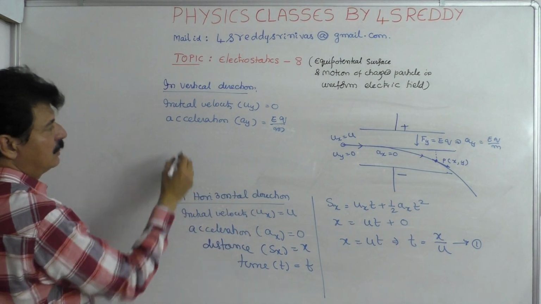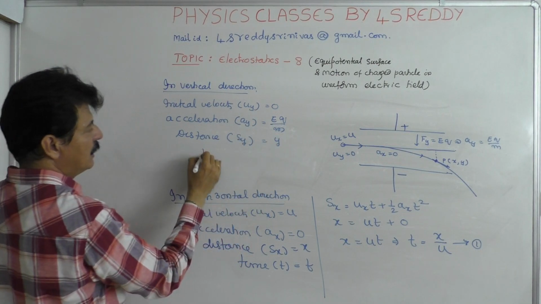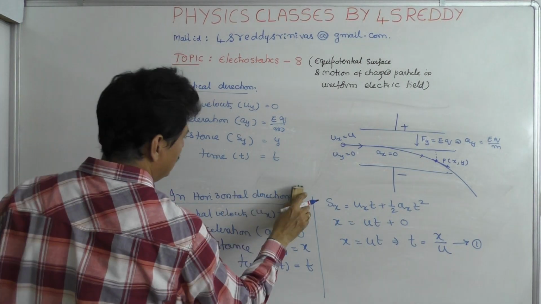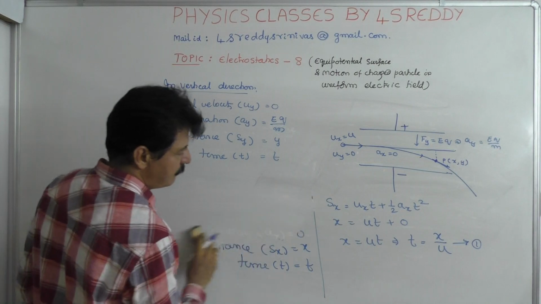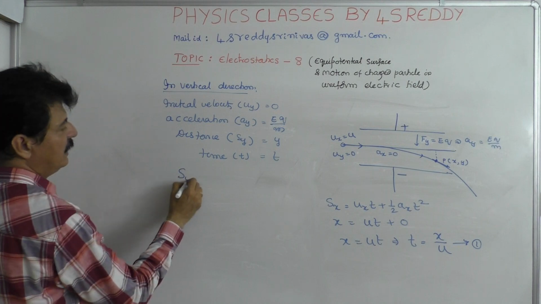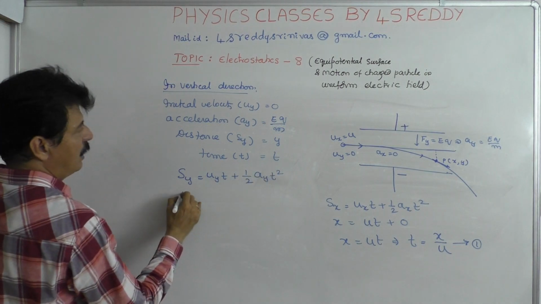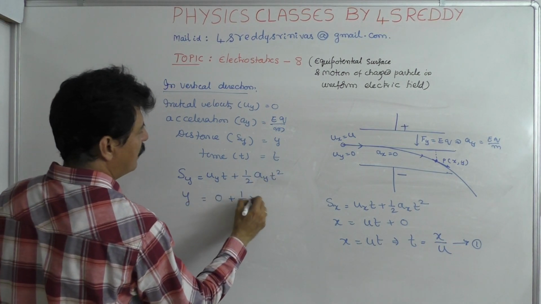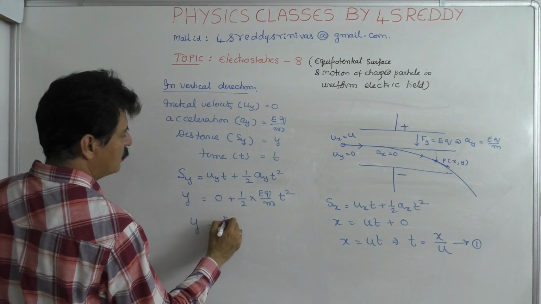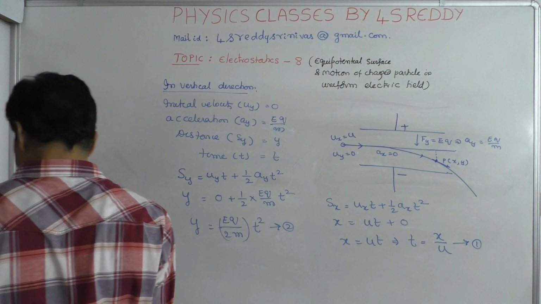The distance traveled sy is equal to y, and the time of travel is t. By substituting these values in the equation, sy is equal to uy t plus half ay t square, or y is equal to 0 plus half into Eq by m into t square, or y is equal to Eq by 2m into t square. That is equation number 2.